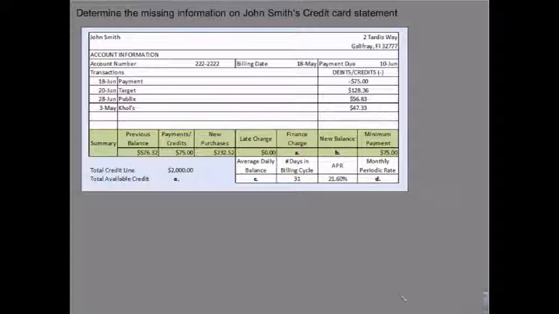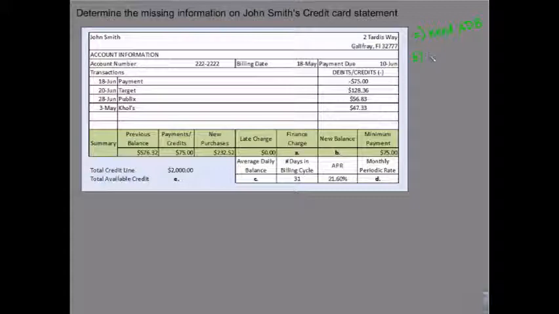Okay, so what I'm going to do right now, before we go calculating average daily balances and everything, I'm going to look and see if there's anything that I can calculate given the information I have on here. Okay, I can't calculate the finance charge because I need the average daily balance. So A needs the average daily balance.